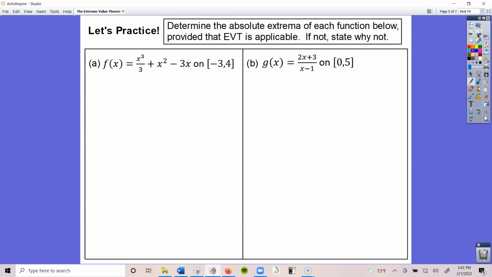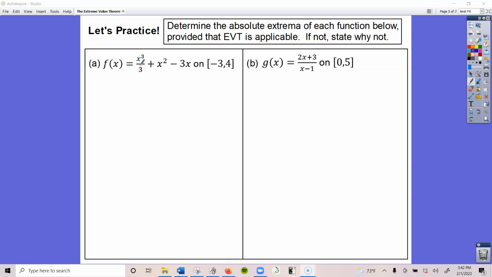Now, we're going to look at how to apply EVT when you don't have a graph. Before we even apply EVT, we always have to check the continuity of the function on the given interval. This is a polynomial function. Yes, we do have a fraction here, but in the denominator is a number, not a variable.